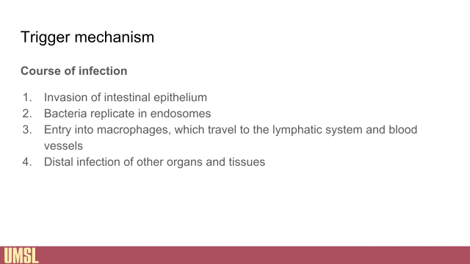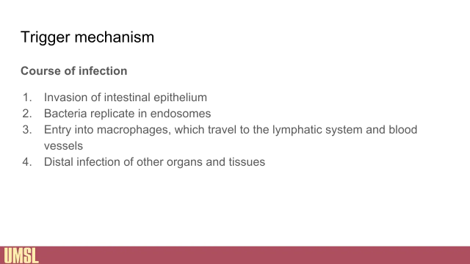That vacuole they make through inducing uptake becomes their home. They then use epithelial cells to gain entry into macrophages on the other side of the epithelial cell layer, and basically hitchhike in macrophages to gain access to the lymphatic system and blood vessels.